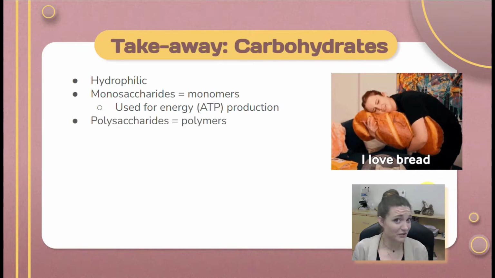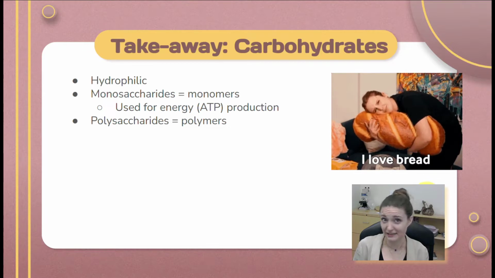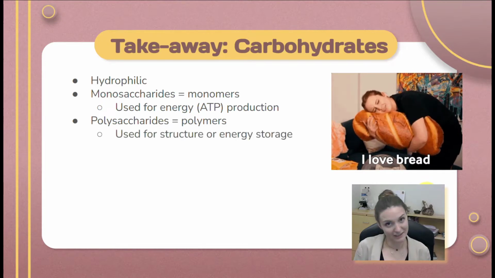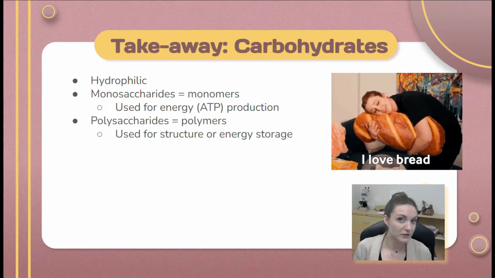We connect together monosaccharides and we get a polysaccharide. So the polymer of carbohydrates is polysaccharides. And how do we build them? What process builds them up? Dehydration synthesis. So we remove water to connect together the monomers. And polysaccharides are often used for structural support in the sense of cellulose, or energy storage.